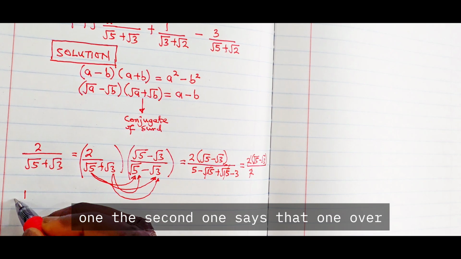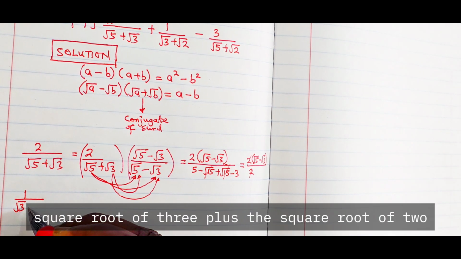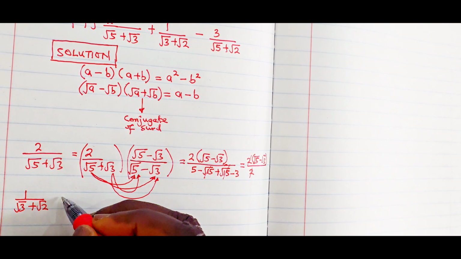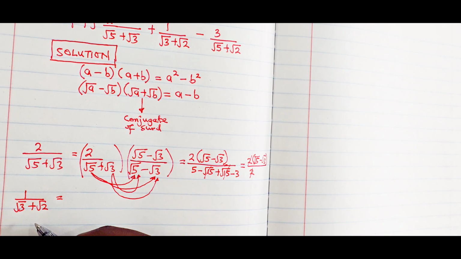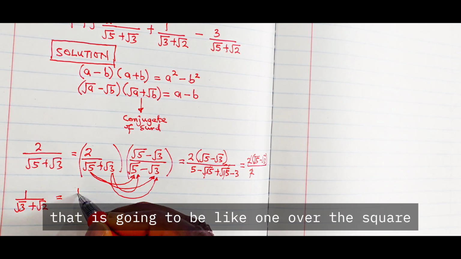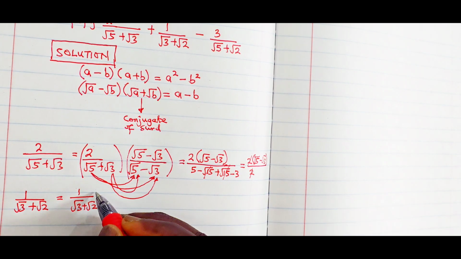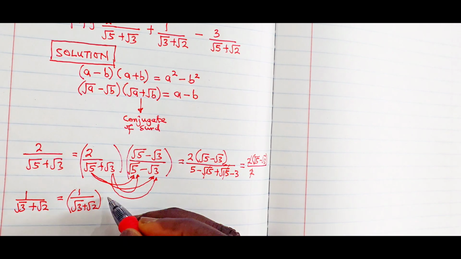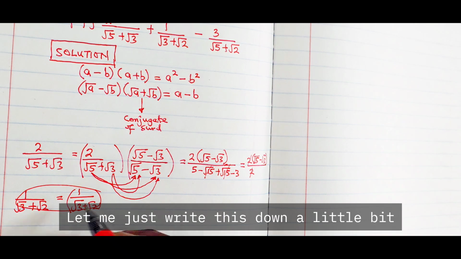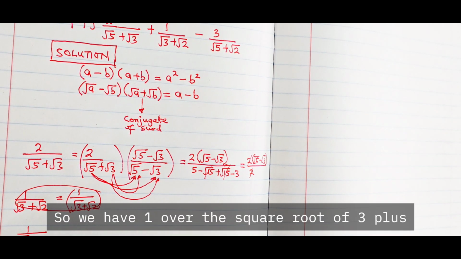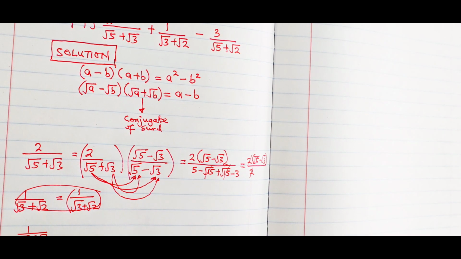The second one says that 1 over square root of 3 plus the square root of 2. And if we go in the same way, that is going to be like 1 over the square root of 3 plus the square root of 2. And then we're going to multiply this. Let me just write this down a little bit. So we have 1 over the square root of 3 plus square root of 2.